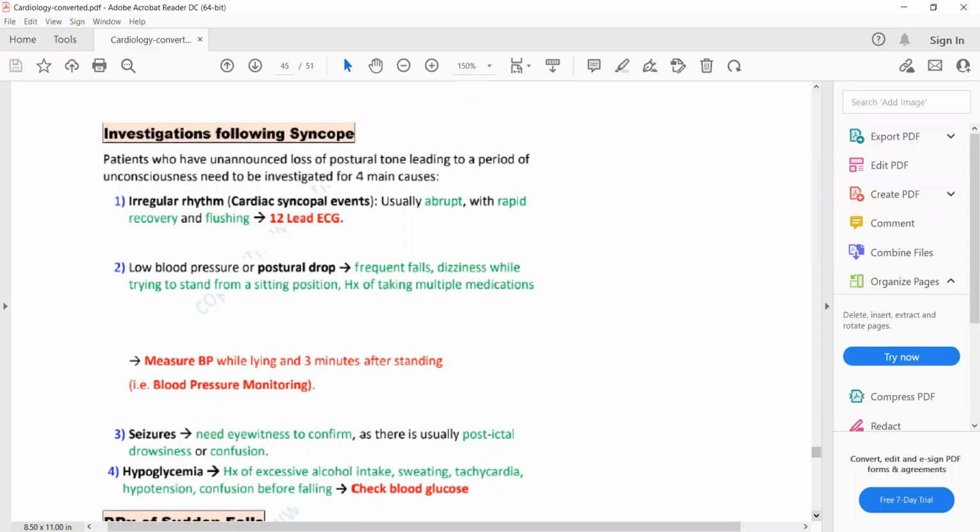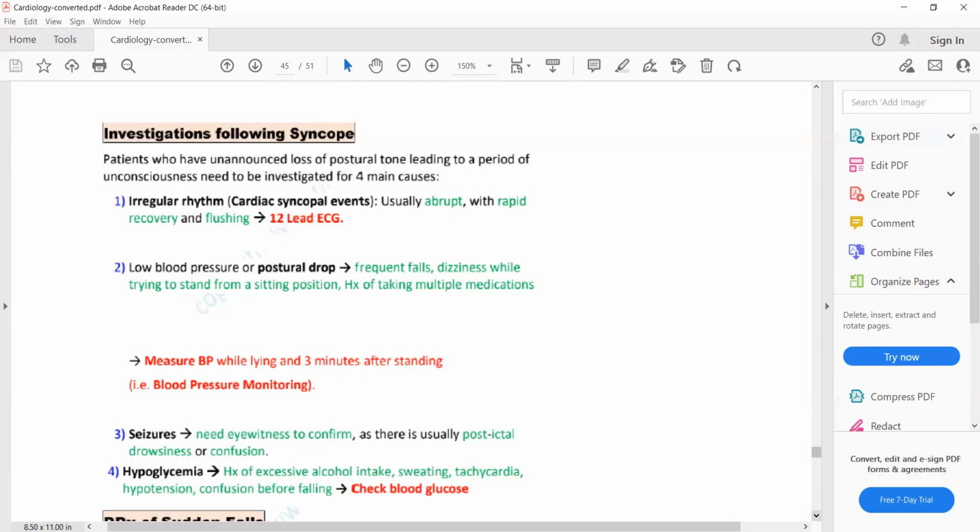There is usually flushing of the face after a cardiac syncopal event, while in case of seizure, there will be drowsiness and confusion after the syncopal attack. So these points are important to remember to differentiate between seizure and cardiac syncope.